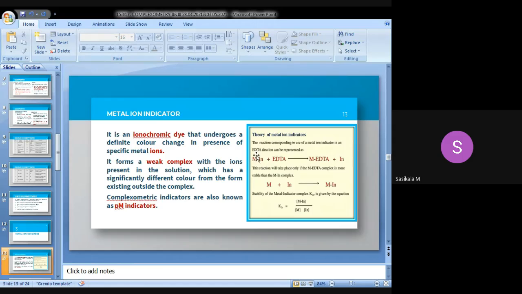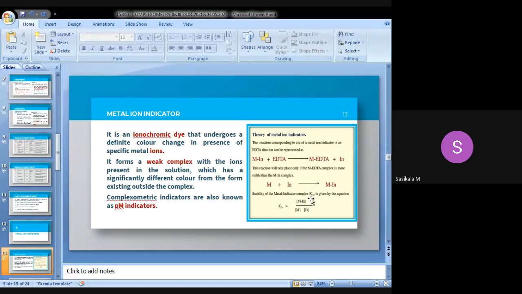In the conical flask, the indicator bound to the metal ion has one color, and when it is converted to the free form, it has a different color. So this represents the endpoint of the titration. Once all the metal ion is bound with EDTA, the endpoint is indicated by the color of the free indicator. So this is the reaction representing complexometric titration.